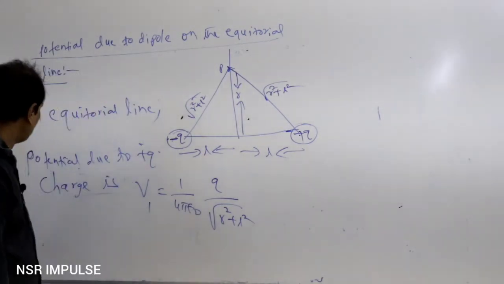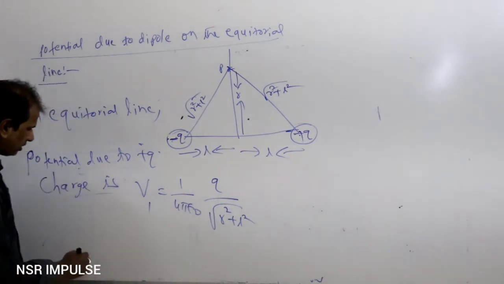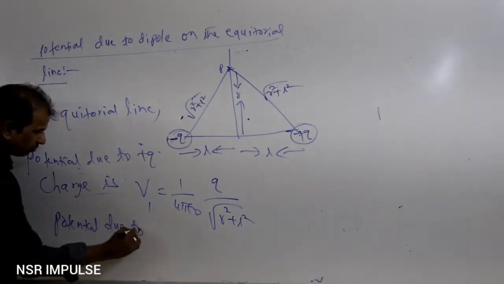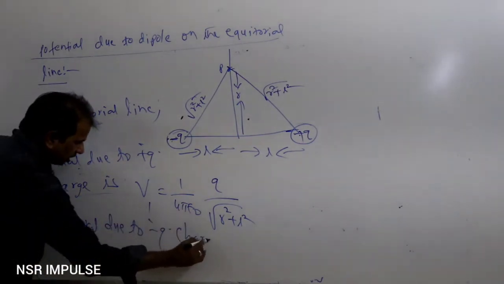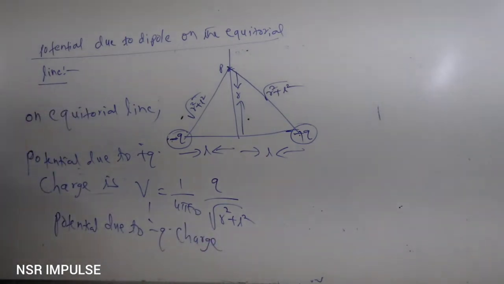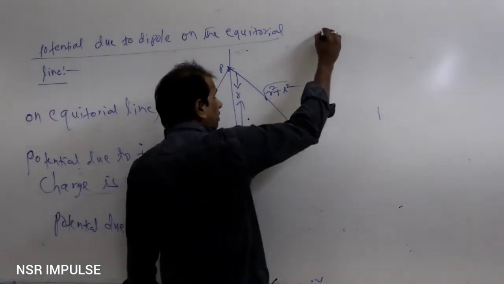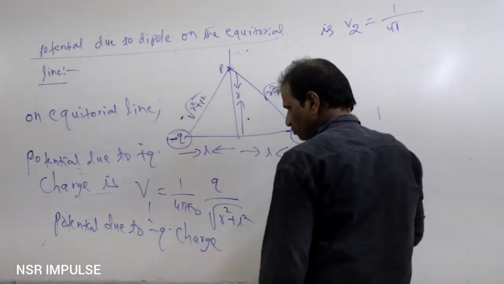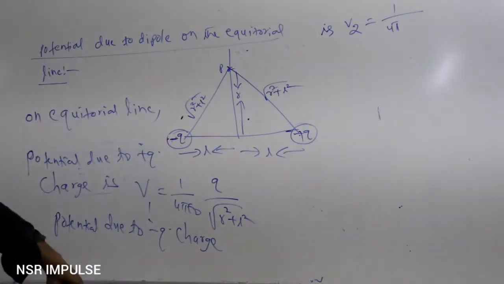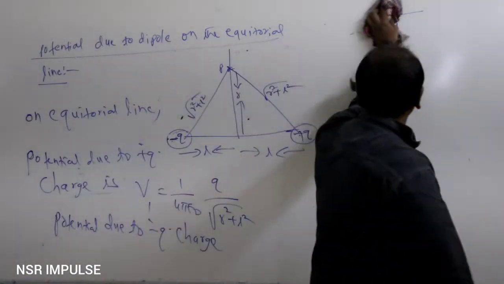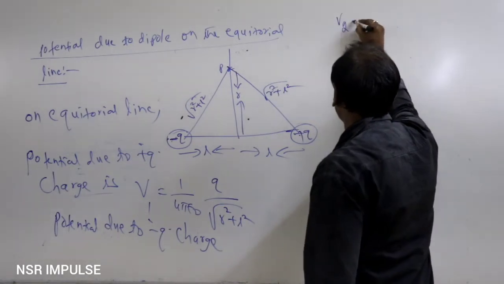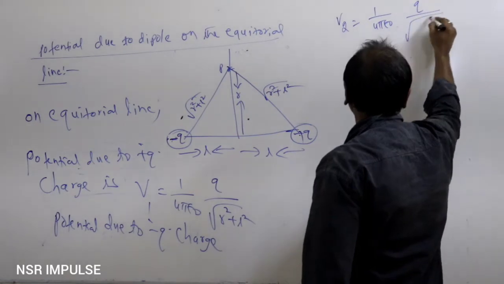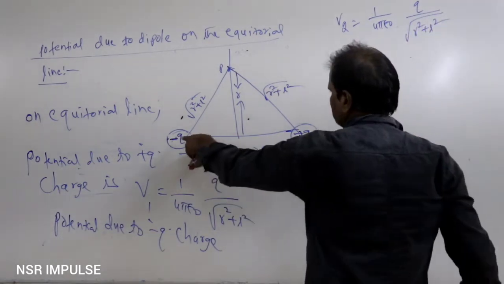Positive potential only. Next, on the same equatorial line, potential due to which charge? Negative charge. Potential due to negative charge is V2 is equal to 1 by 4 pi epsilon naught q by under root of r square plus L square.